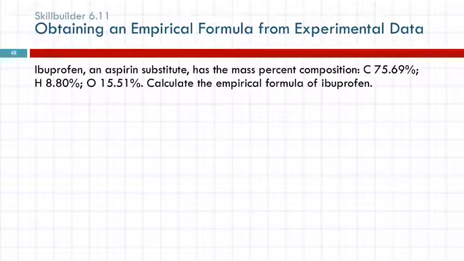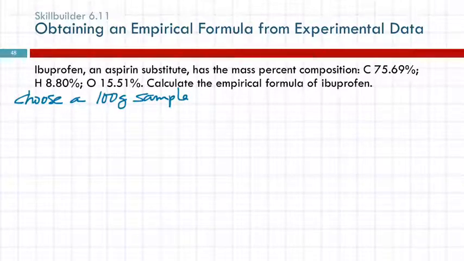I like to pick 100 grams because that makes things easy. 75.69% means 75.69 grams of carbon per 100 grams of sample. So if I just choose 100 grams, then the percentages are the same as the number of grams. So that's what I recommend that you do. Choose a 100 gram sample.